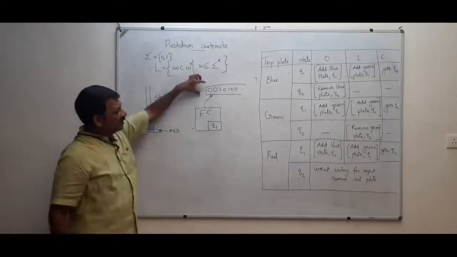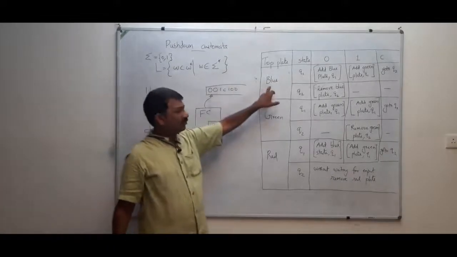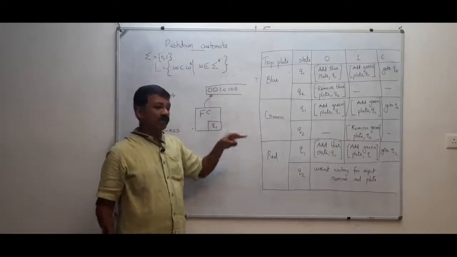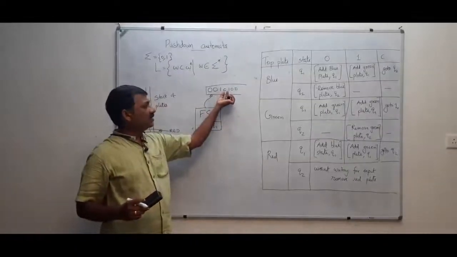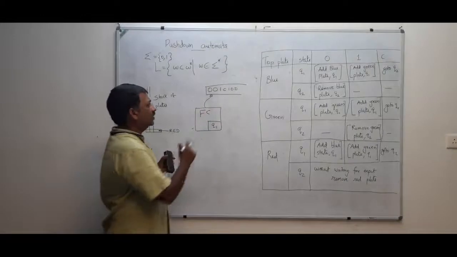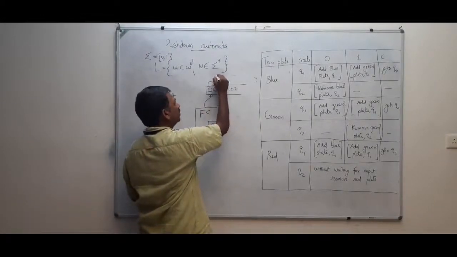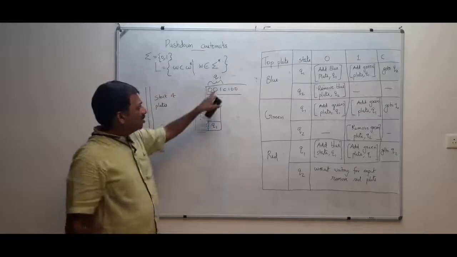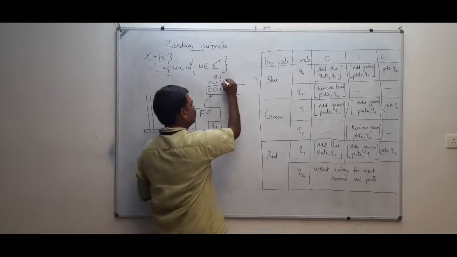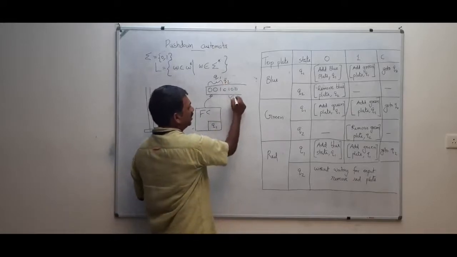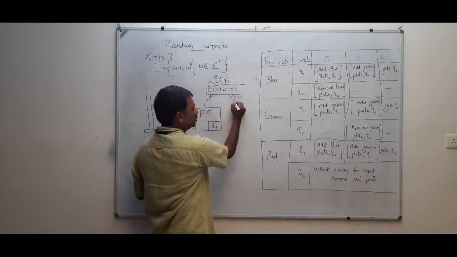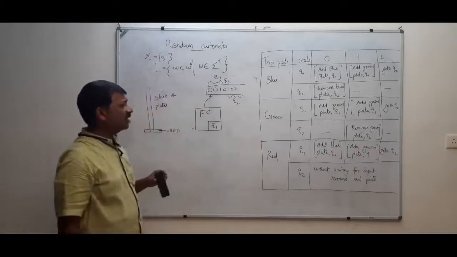If a 0 is coming, you have to add a blue plate, and if a 1 is coming, you are going to add red plates until it encounters a C. That means up to this point, this will be in state q1, and once the finite control reads this C, it switches to state q2, and for all of W raised to R, this will be in state q2.